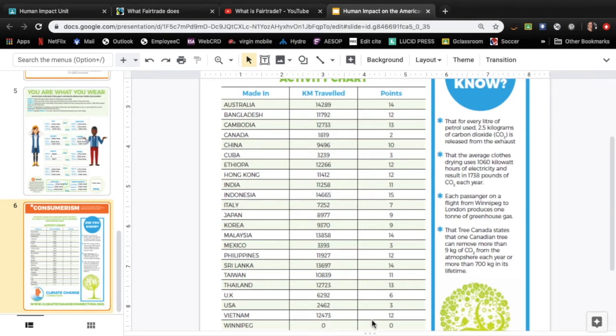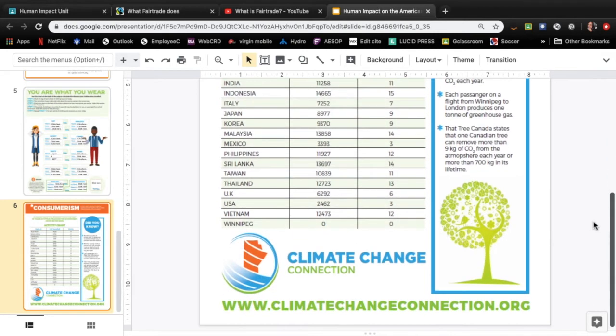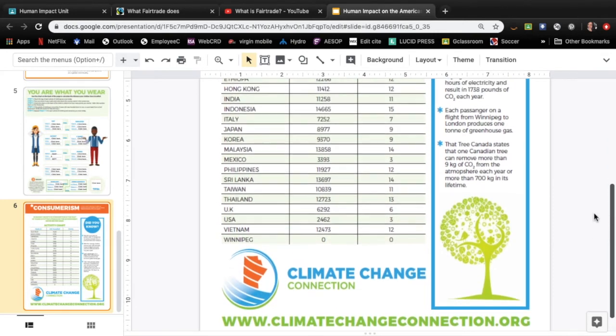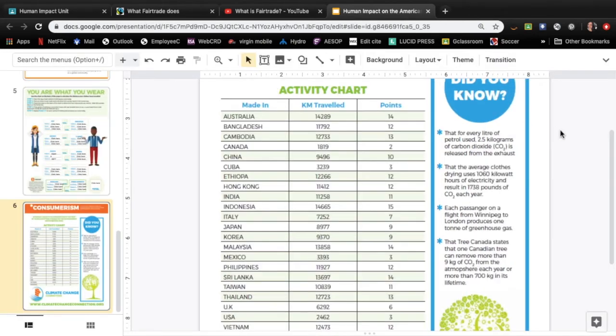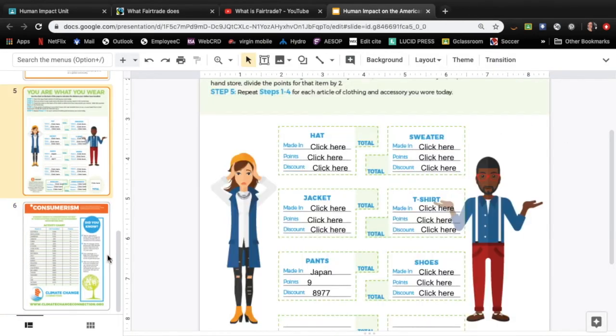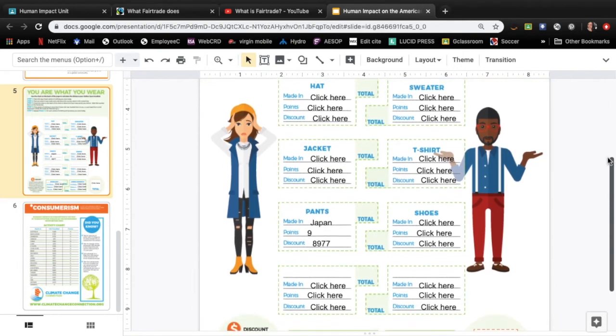This is just taken from climatechangeconnection.org, which is a really great website if you want to check it out. It has a lot of information about climate change and a lot of different activities. So you're going to go in here and let's say your pants were made in Japan. You click the click here button and you actually write in Japan.